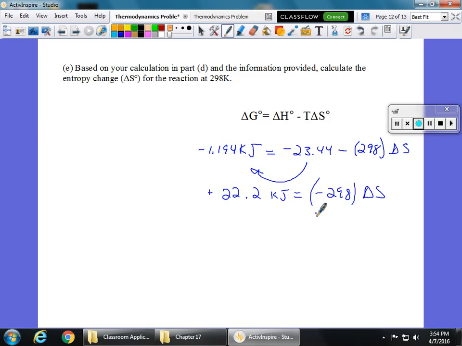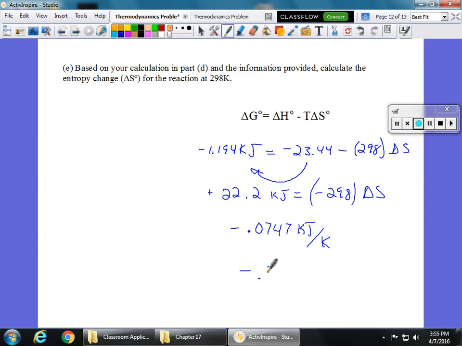I divide by 298, and that's going to give me 0.0747 kilojoules per Kelvin, and that's going to be a negative, again, because we're dividing by a negative.